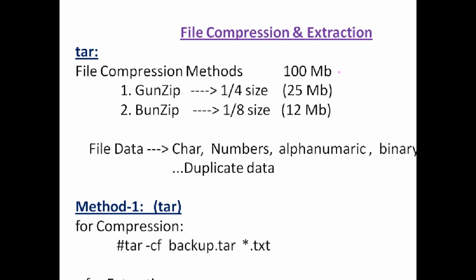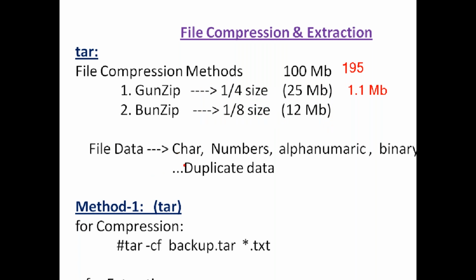But in our case, that 195 MB file will become what? 1.1 MB. So how is this possible? I said, right, these sizes are not fixed. It's an approximate size. I said gzip can make the file size up to 1/4 and bzip up to 1/8, but it's not exact, it's approximate. The sizes depend on your file data.